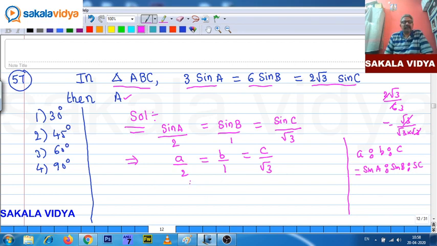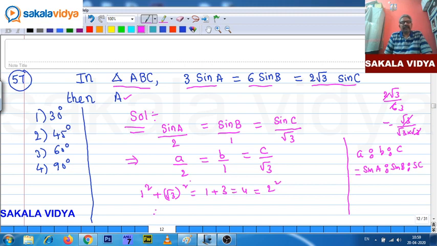I will explain. 1 square plus root 3 square is 1 plus 3, which is 4. That is 2 square.